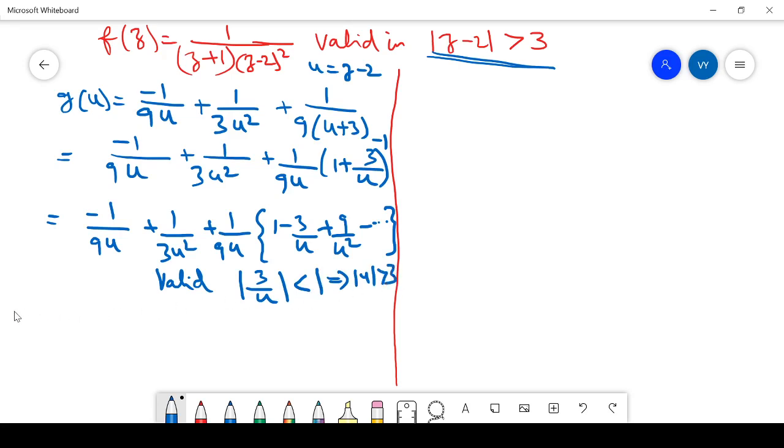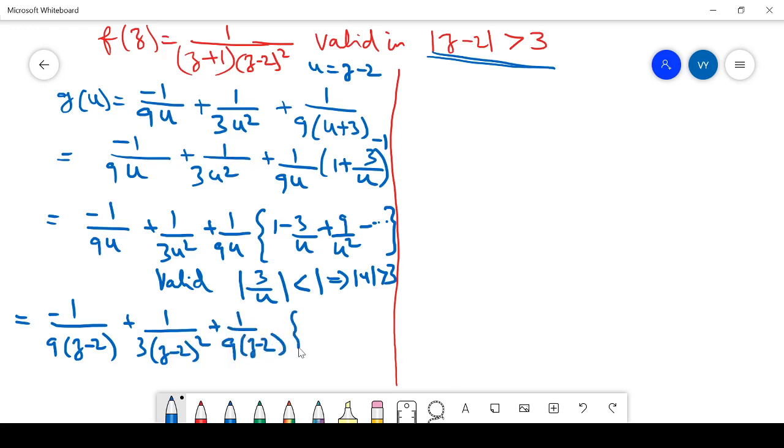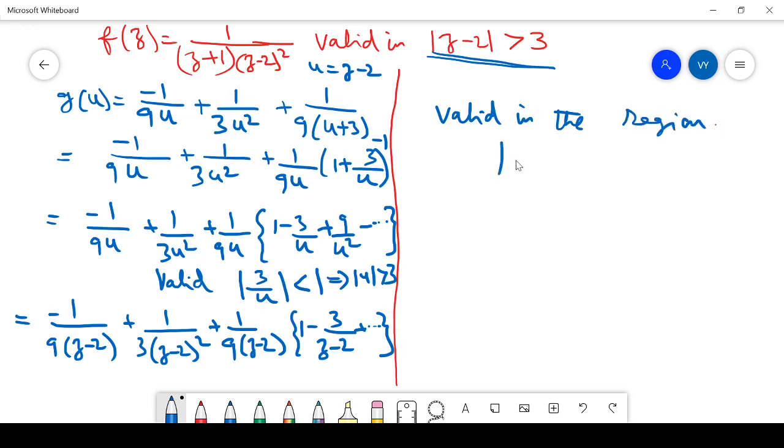So when I replace in terms of z minus 2, I will have minus 1 by 9 into z minus 2 plus 1 by 3 into z minus 2 the whole square plus 1 by 9 into z minus 2 into 1 minus 3 by z minus 2 plus so on, valid in the region mod z minus 2 greater than 3.